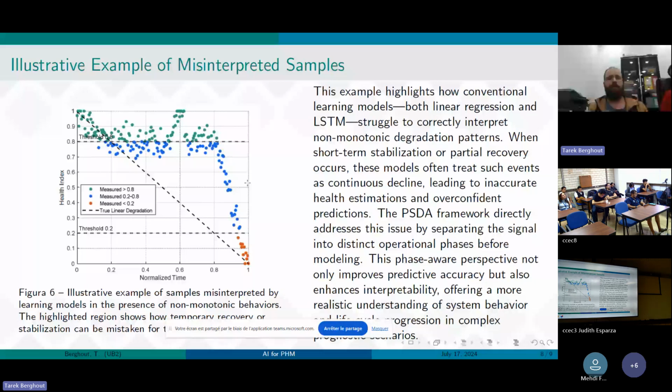So one of the solutions is to filter. If we want to filter or to remove these misinterpreted results, we can follow this horizontal prognostic path. So we remove the misinterpreted labels and consider that they belong to another phase, for example the healthy phase or stabilization phase, rather than a degradation phase.